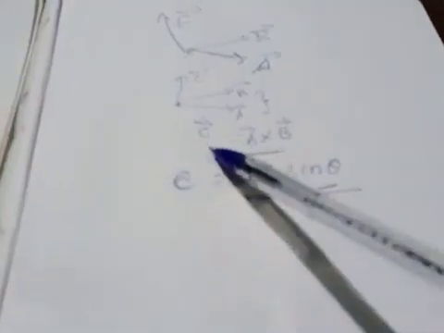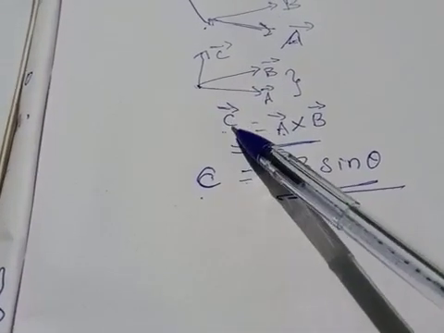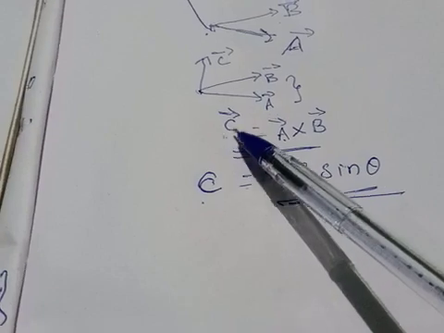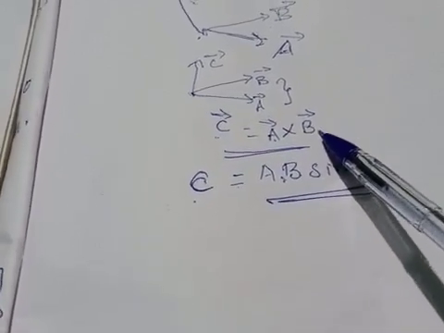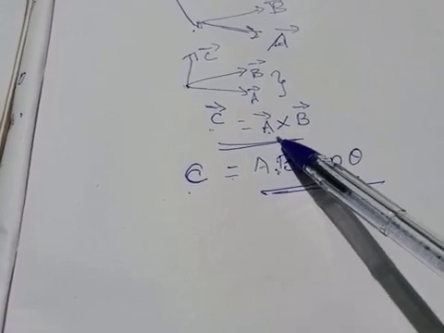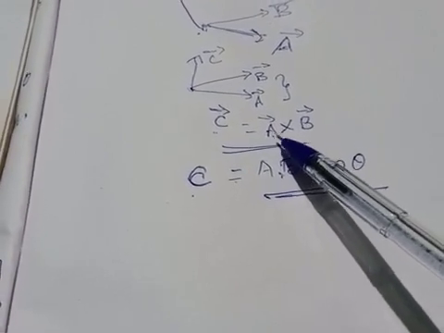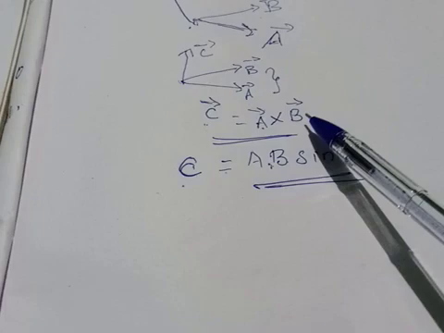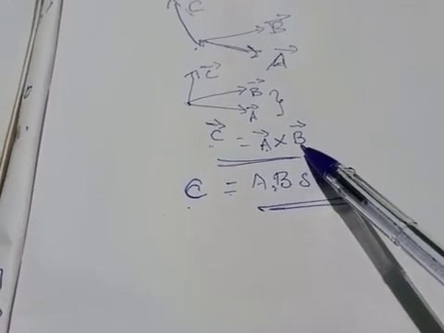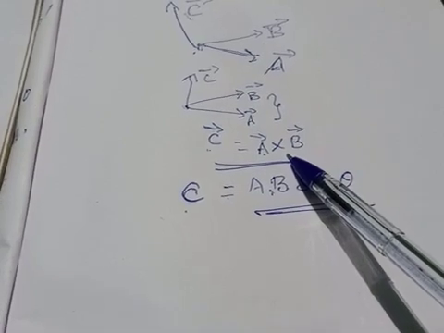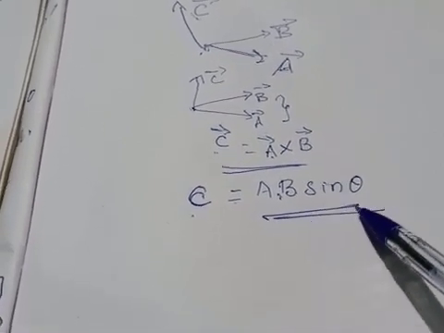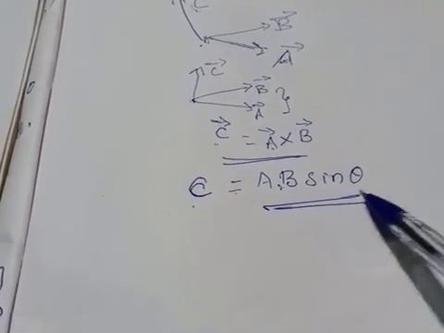We can indicate by using another vector C vector, and this C vector we can define as C vector is equal to A cross B. So this A cross B means the product of A and B, the product of these two vectors and sine of the angle between them, sin theta.